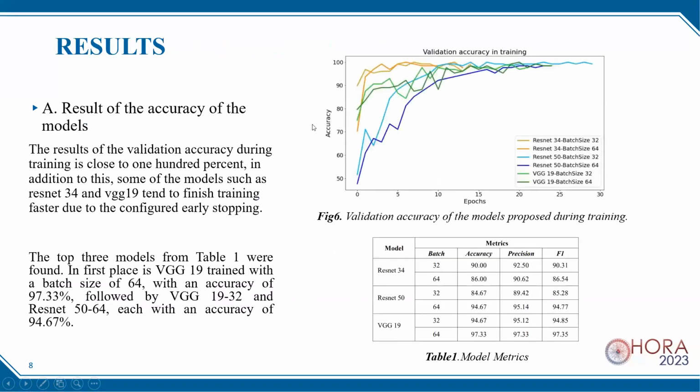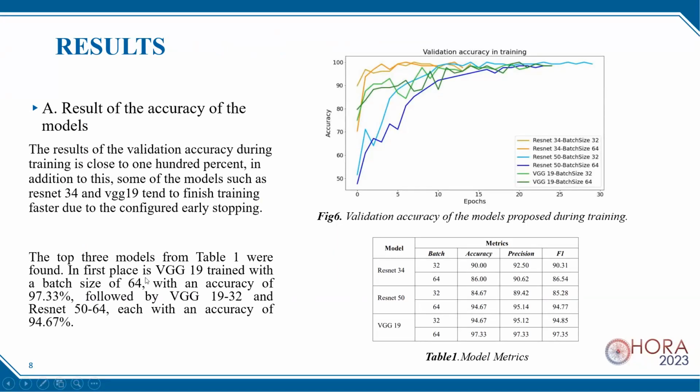In the results for the accuracy of the model, the validation accuracy during training is close to 100%. In addition, some of the models, such as ResNet 34 and 19, finished training faster due to the early stopping configuration on the validation accuracy of the model during training.